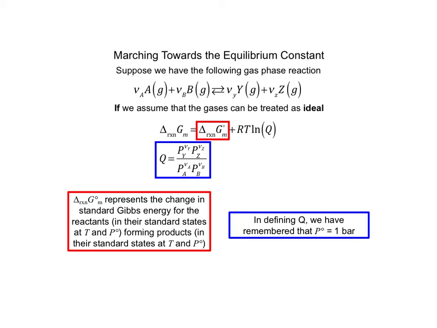And so really, this Q expression that we're working with is our P of Y over P naught of Y times P of Z divided by P naught of Z over P of A over P naught of A times P of B over P naught B. And so this P naught we define to be equal to 1 bar, but really it can be any reference state.